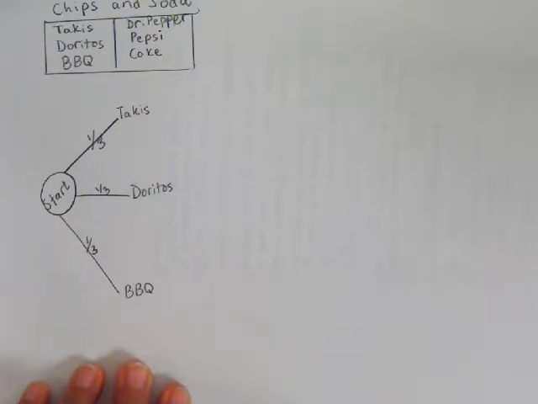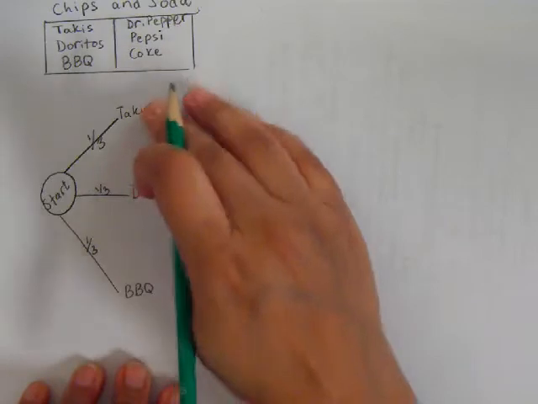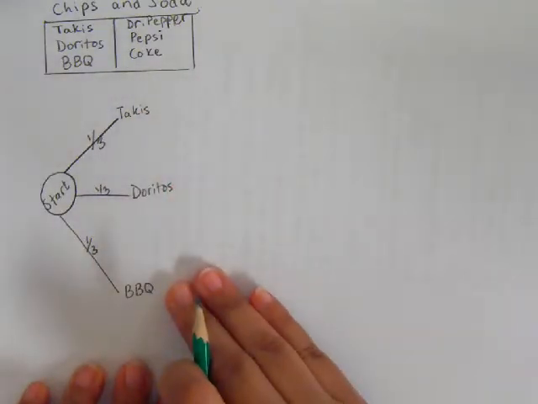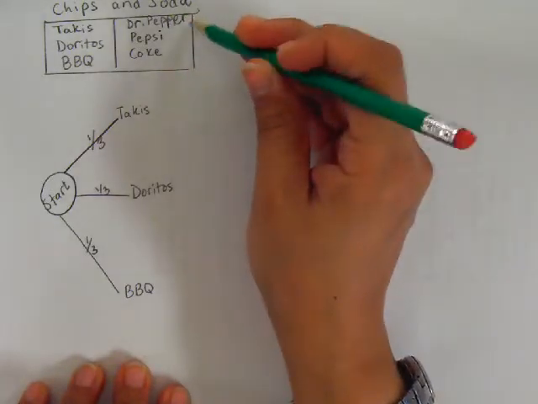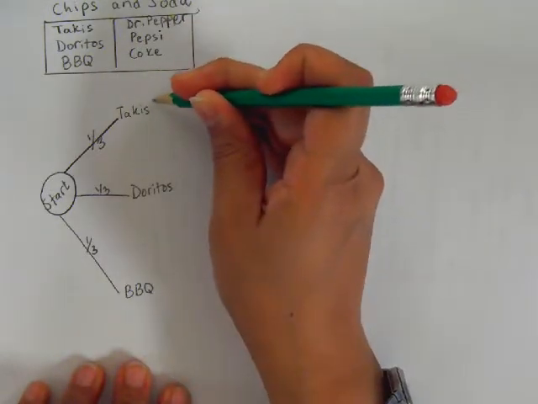Now, our second event, of course, is the sodas, and the same deal. There are equal opportunities of choosing Dr. Pepper, Pepsi, or Coke. So, here's what we're going to do. From each of these, we are going to continue to branch out. Okay, so from Takis, we need 3 lines to represent our 3 soda choices that would go along with the Takis.